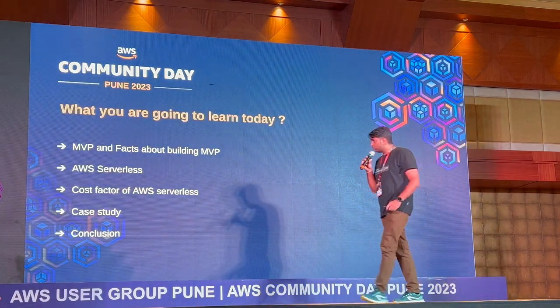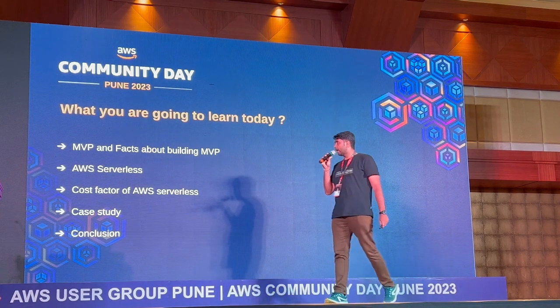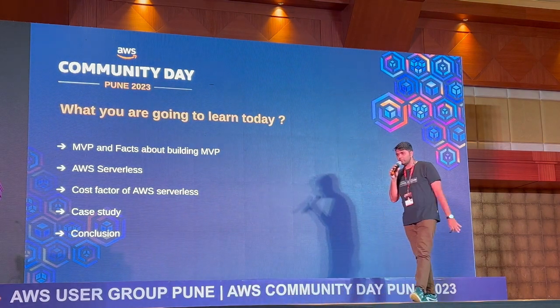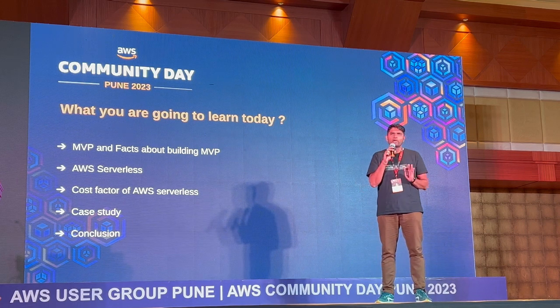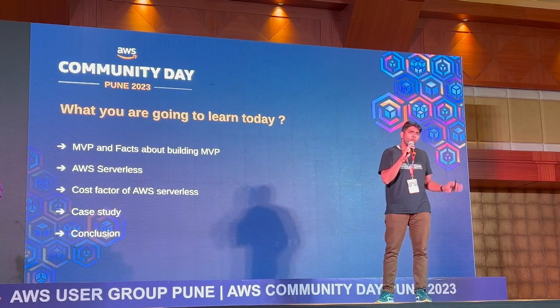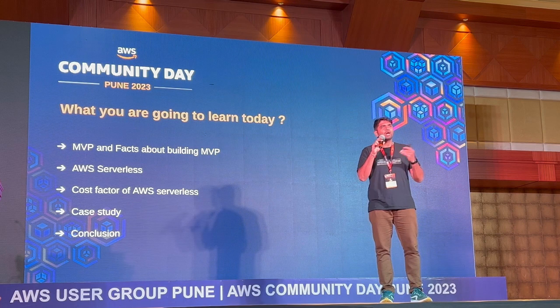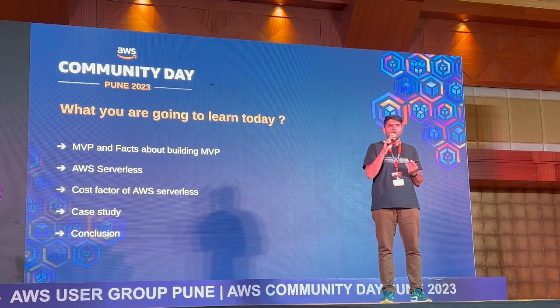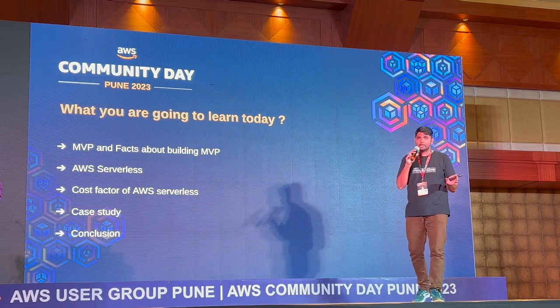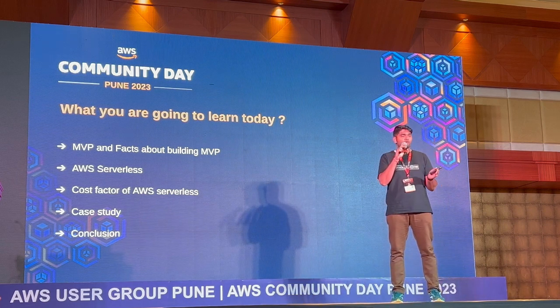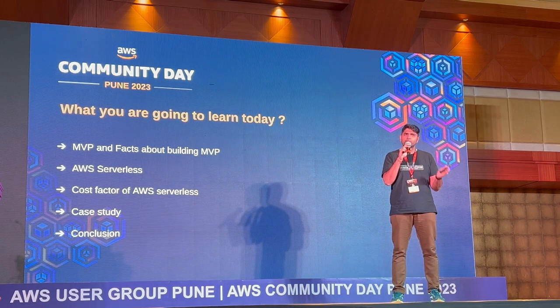What we are going to learn today is the MVP and facts about building an MVP. I'll share some facts about building an MVP, the general concept everyone knows about MVP, and what I prefer on that part. Then we'll talk about AWS Serverless. I think Ashok has already explained a lot of AWS serverless services.